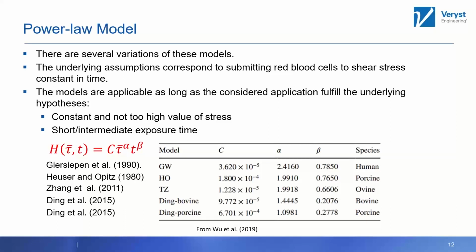But as I said, the underlying assumption in this model is that red blood cells are subjected to shear stress which is constant in time. So these models are applicable as long as this assumption is met, which is that shear is constant and usually not too high, and the exposure time is usually short or intermediate. It is less than 1 second.